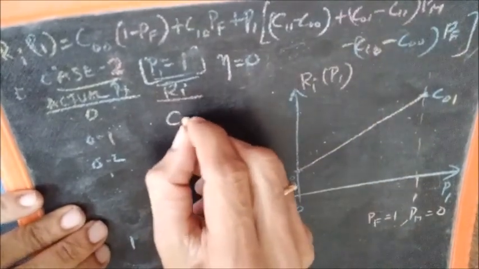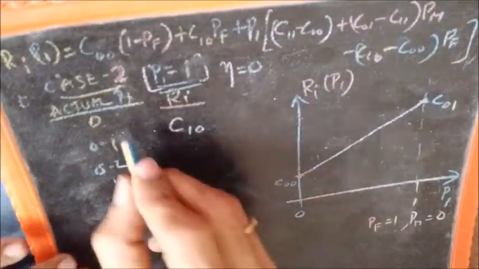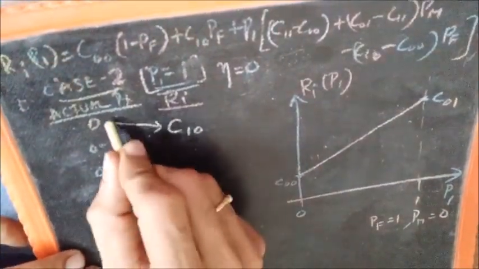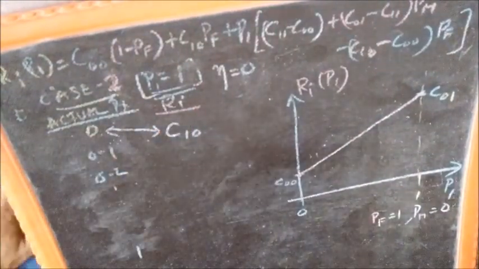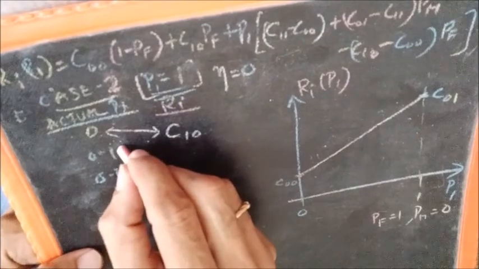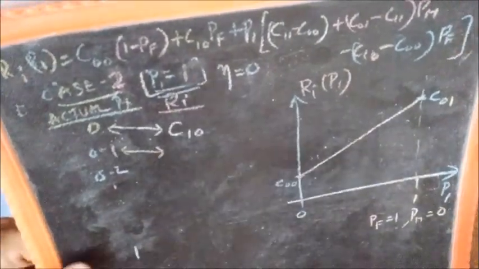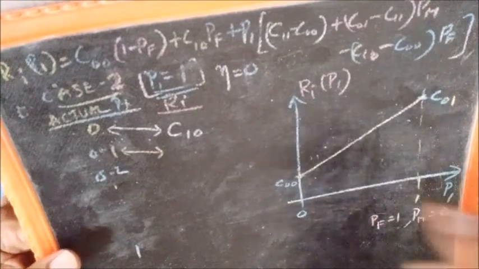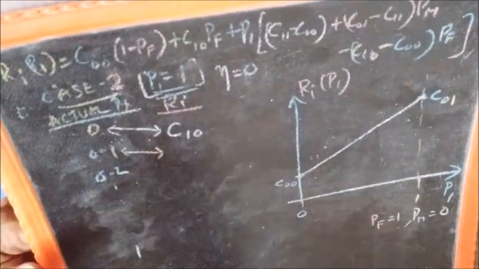So the risk is C10. Sorry, this is for 0, not for 0.1. And for 0.1, what is the risk? That is, actual P1 is 0.1, assumed P1 is 1, and the threshold is set as per the assumed P1.